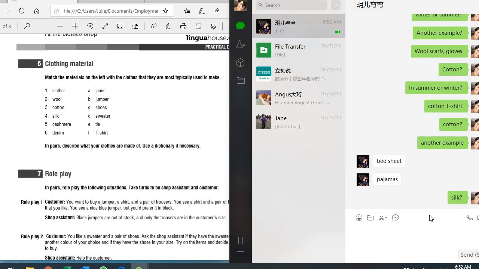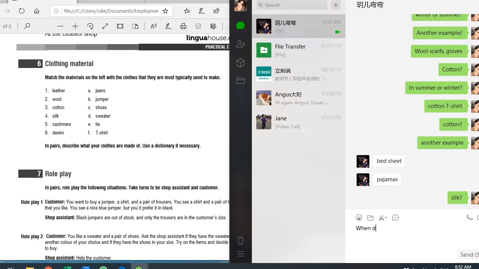Okay, the next one is silk. So silk is made from worms. So what's an example? What would be matching with silk? I think the silk is always used in the tie. Exactly. Some men's ties are made of silk. Very good, perfect, exactly. So silk ties are really popular, right? They're usually very expensive.